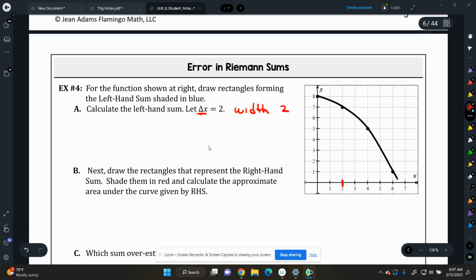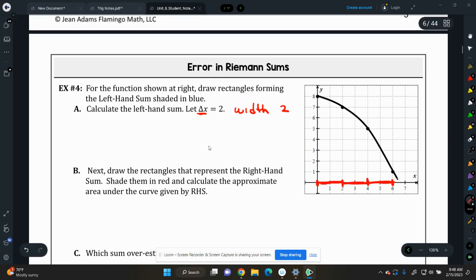So here's one rectangle here that has a width of 2. And then we'll have another rectangle right here. It has a width of 2. And then here's a third rectangle right there. Okay? So we're going to draw those rectangles.